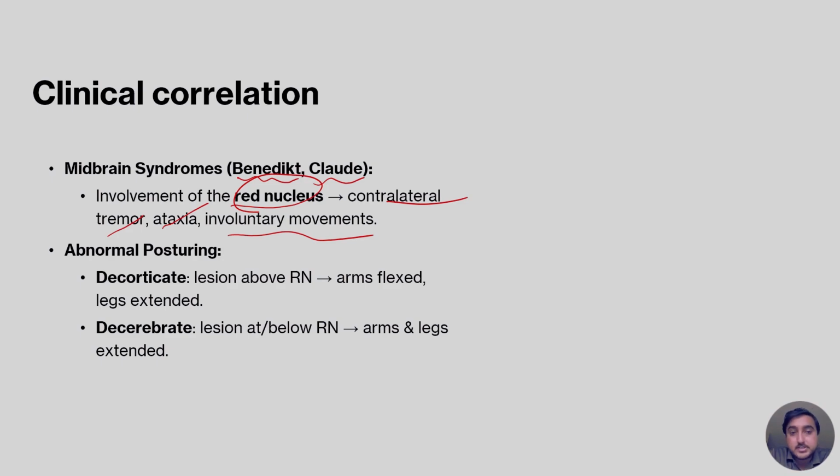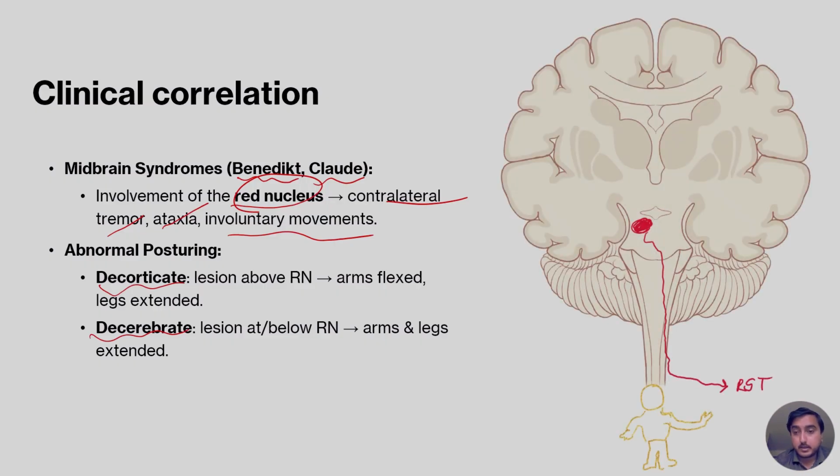And when learning the GCS, we have 2 different postures in the motor component of the GCS, right? One is the decorticate posturing and the other is the decerebrate posturing. So what does this have to do with the red nucleus? So see, the red nucleus via the rubrospinal tract is controlling the flexor tone of the upper extremities. So say that we have a lesion above the red nucleus that spares the red nucleus.